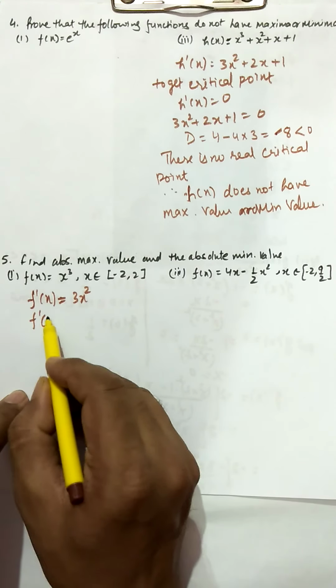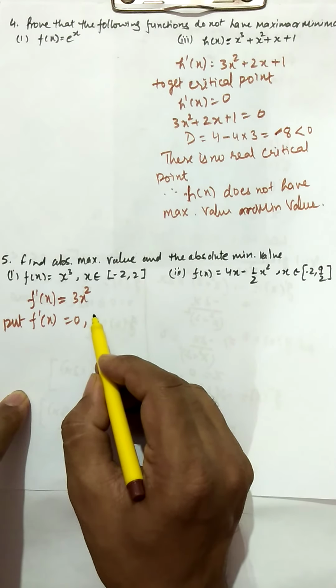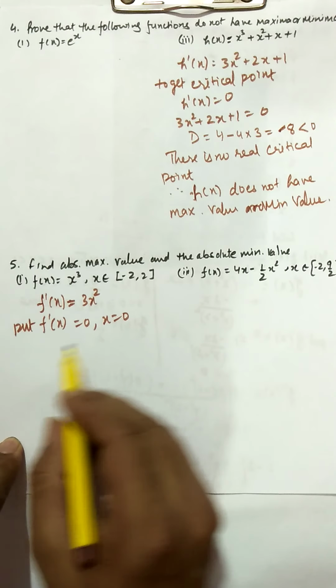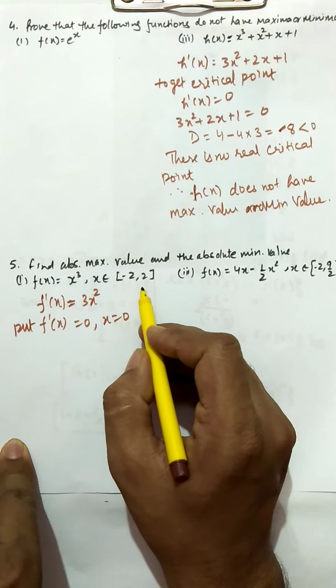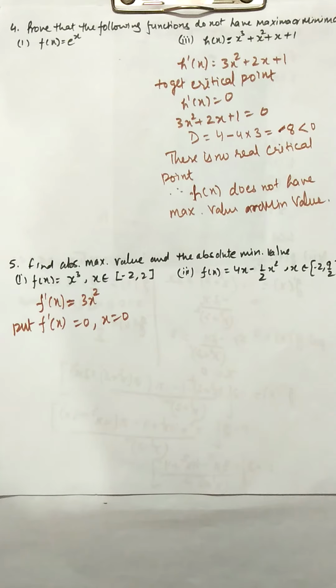If you put f dash x equal to 0, then you get x is equal to 0. So x equal to 0, along with these two values, will decide which gives the maximum value or the minimum value.